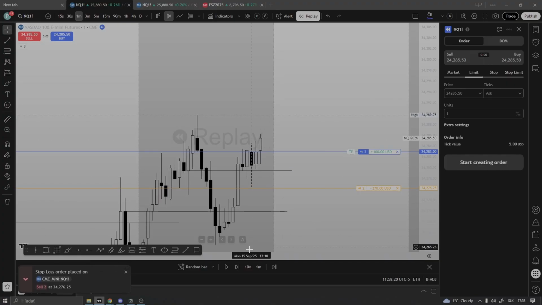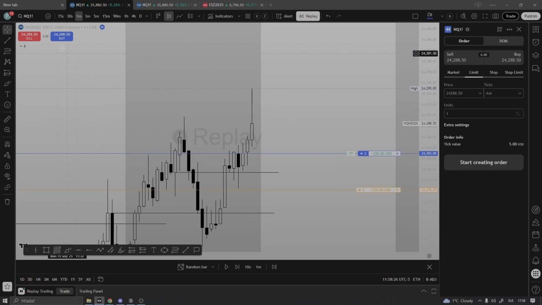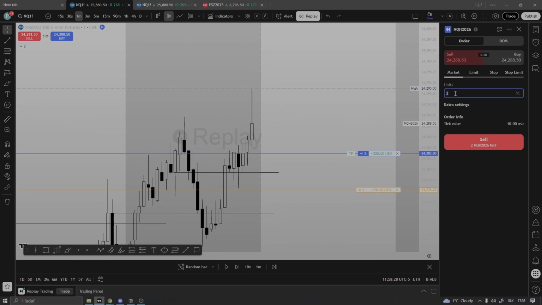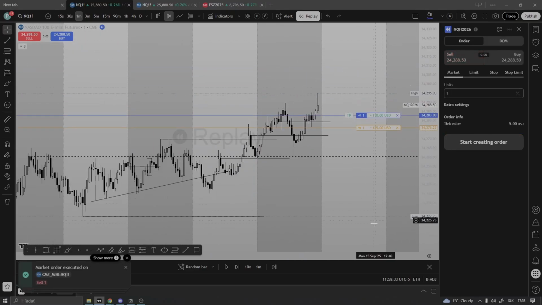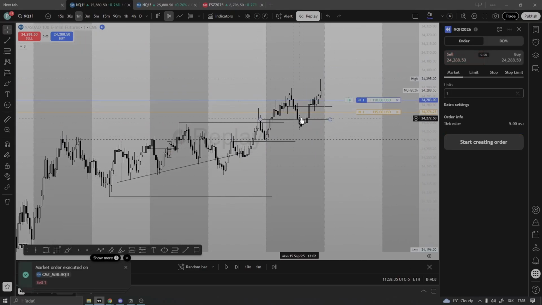Okay, now we are pushing higher. Now we should do it. Okay, that's our first TP, meaning we can take one off right here. Also, at the same time, again, we are building an LRLR to the lows.